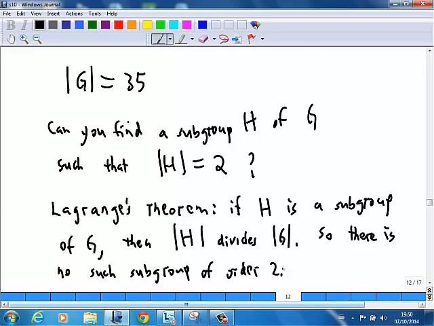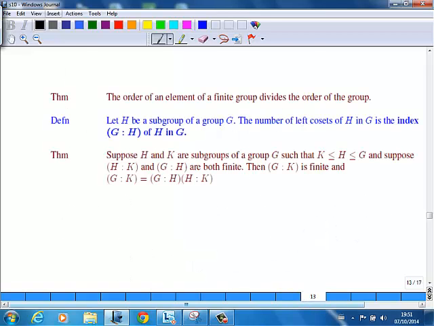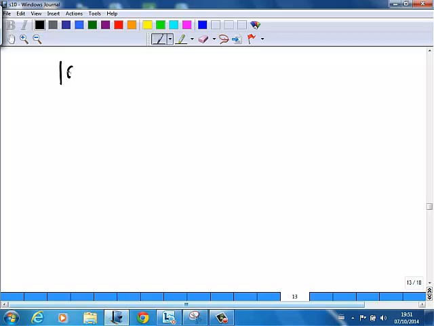Okay, let's look at another example. Let's say the size of G is 35. I don't know what this group is, but I know that this group has 35 elements. Fine.